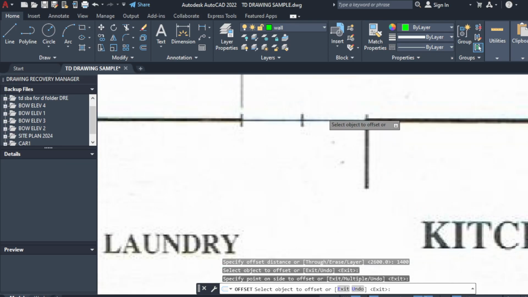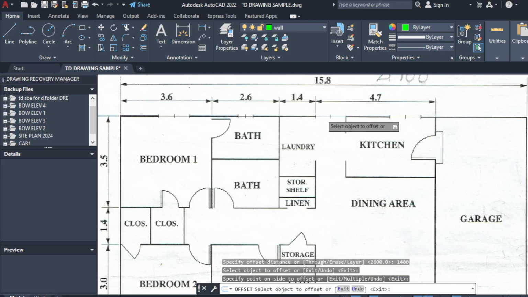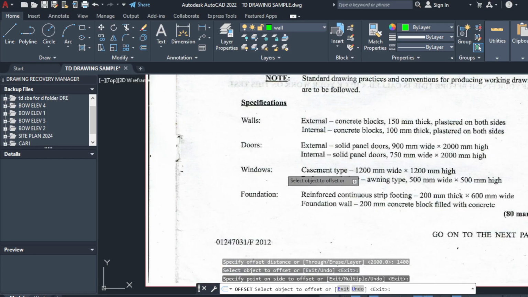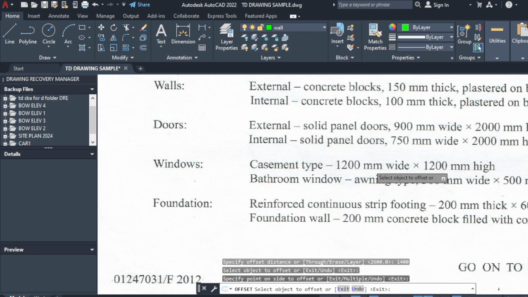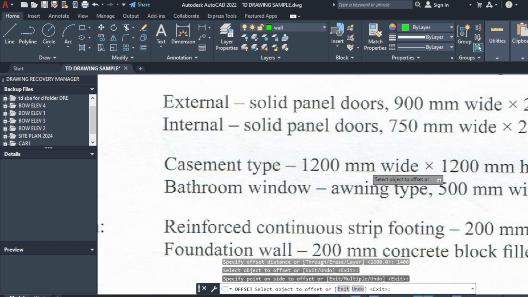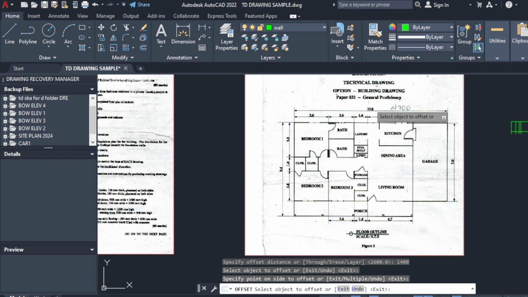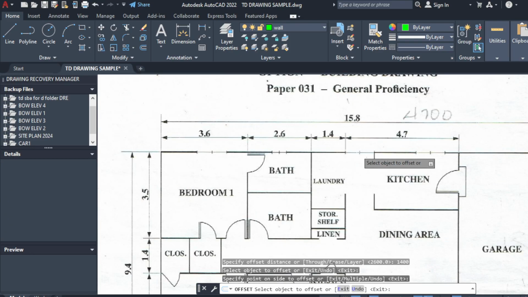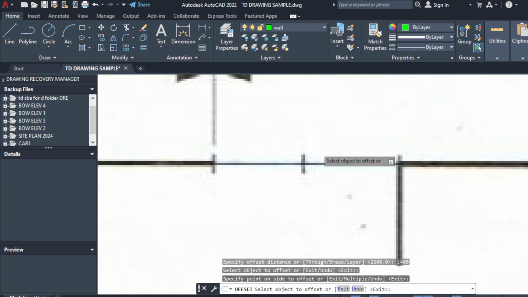Alright, right here I have some window spaces, so I can look at my specification for my window. My window is 1,200 millimeters wide. That's at the center of my window here, just a center line.